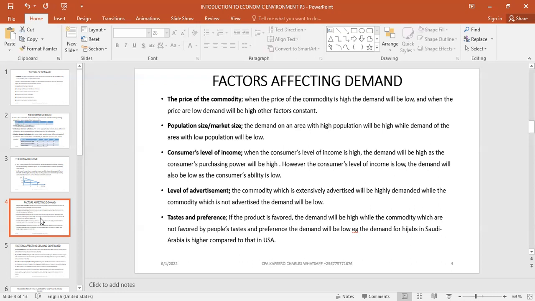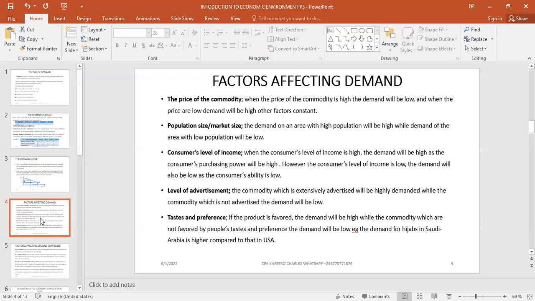Because we are saying here that when the consumer's level of income is high, the demand will be high as the consumer's purchasing power will also be high.